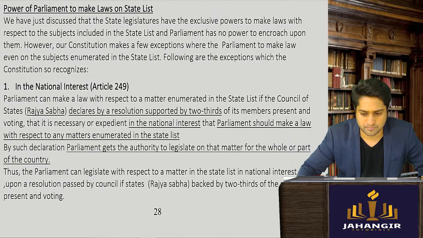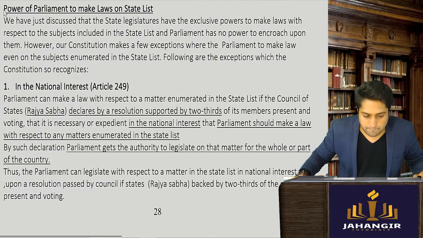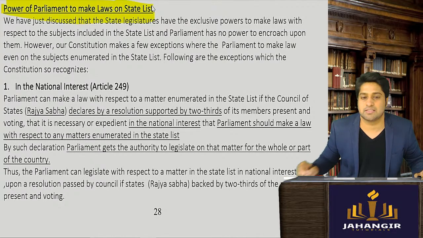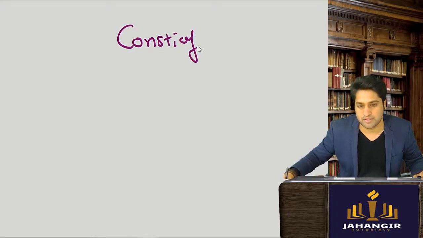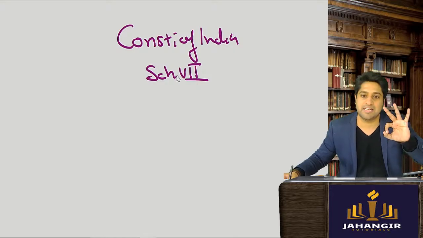Now, power of the Parliament to make laws on the state list. Understand that in the constitution of India, in Schedule 7, there are three lists.